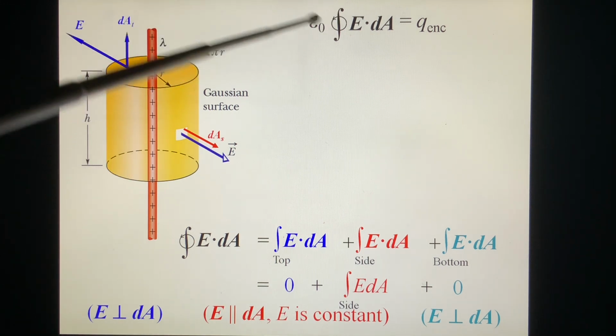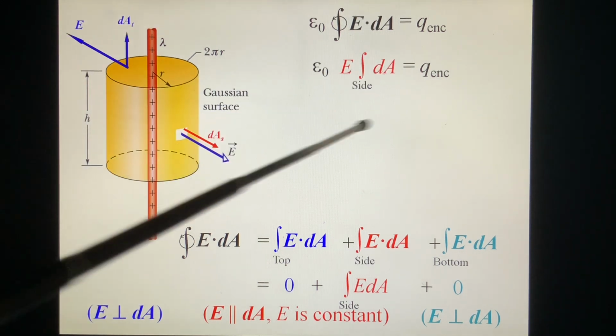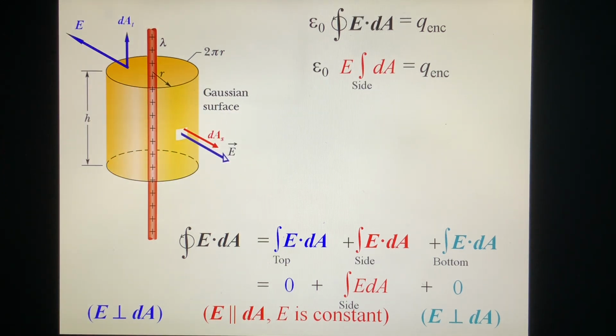So the integration on the left side equals the integral of E dA. E is constant, so it becomes EA, where A is the area of the side surface, which equals 2 pi r h.